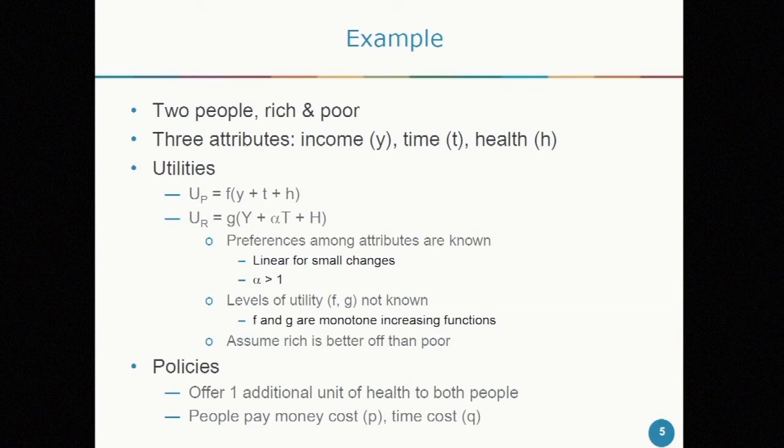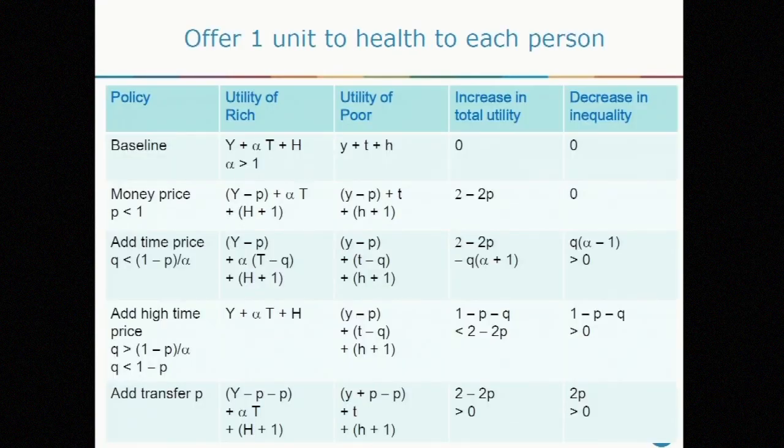Okay, and then I am going to assume that the rich person is better off than the poor person. Then I'm going to look at policies where we have 1 unit of health made available to each person, and it's up to them to accept it or not, depending on the terms. So here, the top row is the baseline.